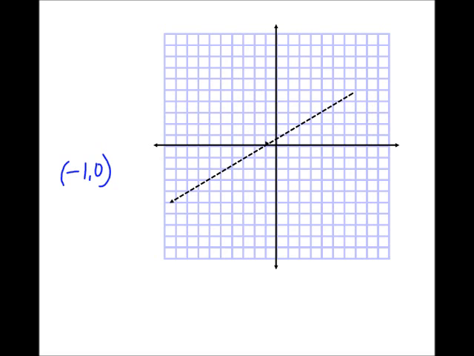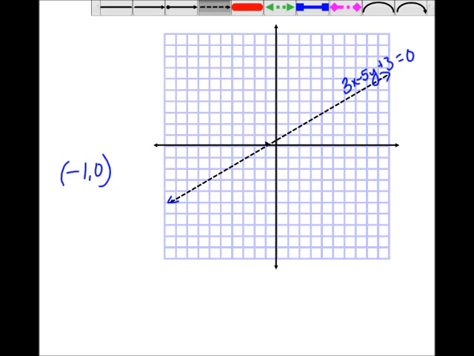It's a little off, but not too bad. Okay, so that was the 3x minus 5y plus 3 equals 0. And then the other one, and again, I did that dashed just because I'm going to show 2 different lines here. So you can use 2 different colors, you can use the same color. It doesn't really matter as long as you're labeling them effectively.